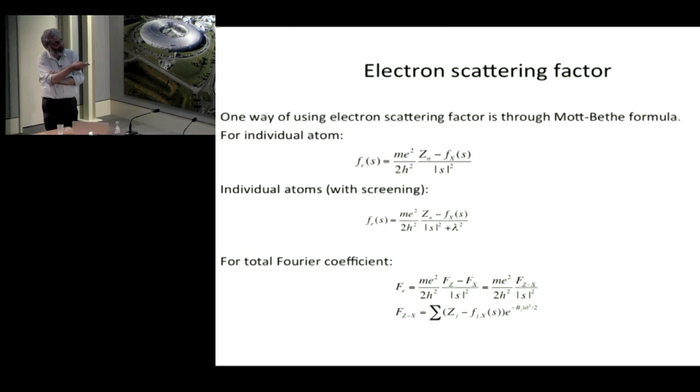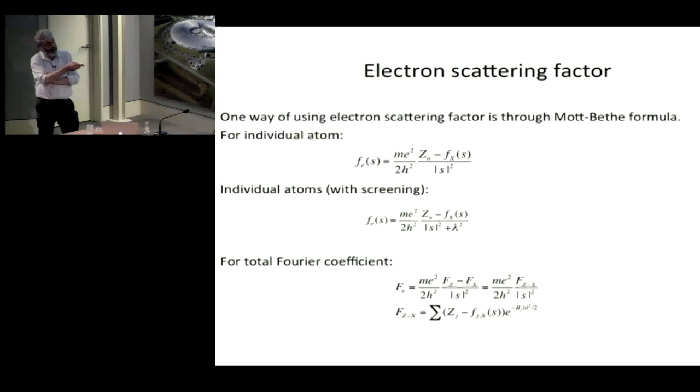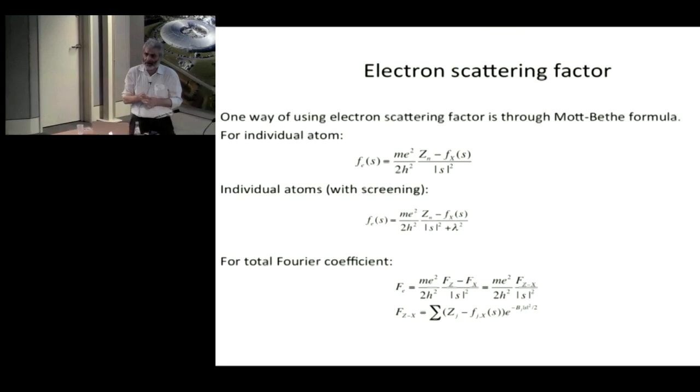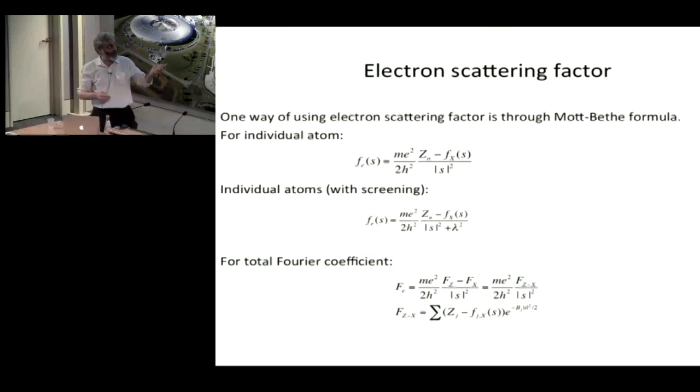And if the number of electrons in an atom is not equal to Z, the number of protons in the nucleus, in other words, if an atom is charged, then that entity will go to infinity.